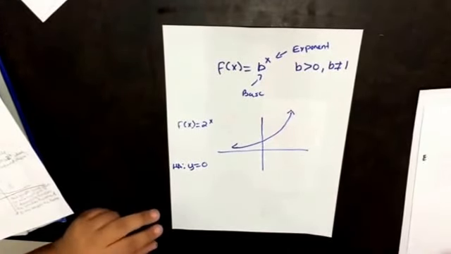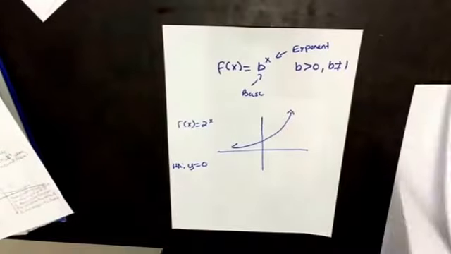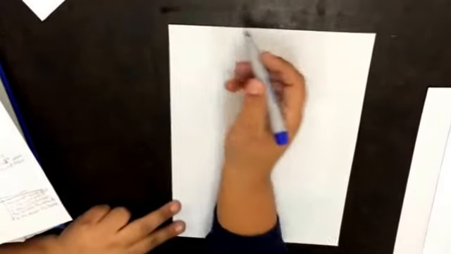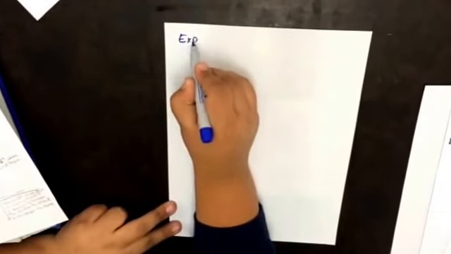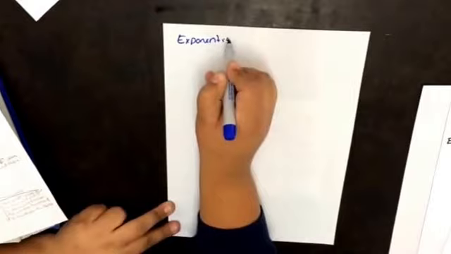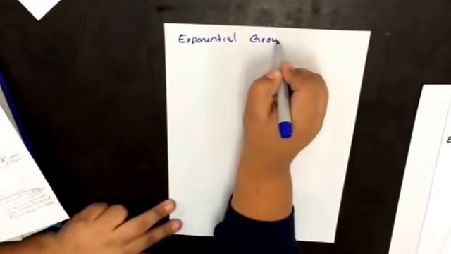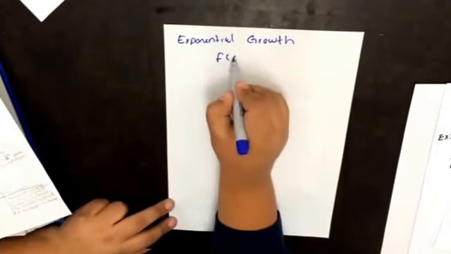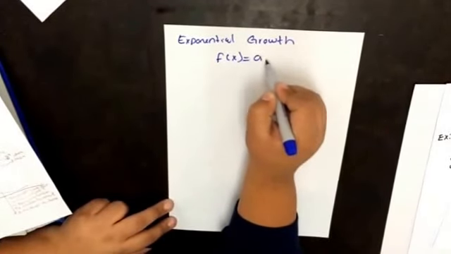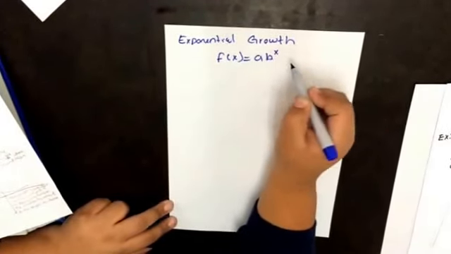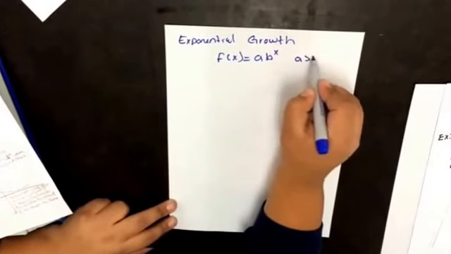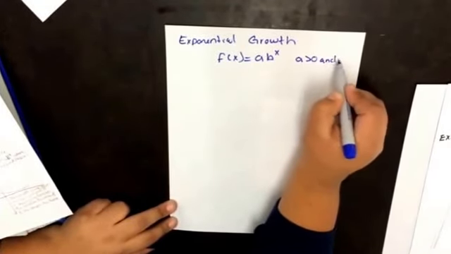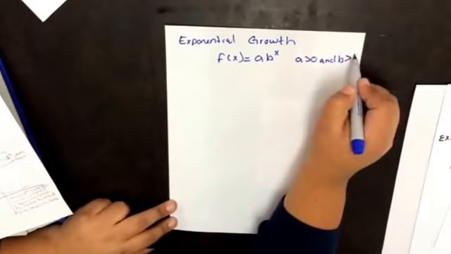So we have two types of exponential functions: exponential growth and exponential decay. So for exponential growth, if we have f of x equals a times b to the x, a has to be greater than 0, and b has to be greater than 1.